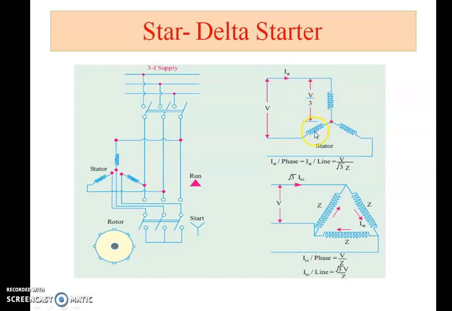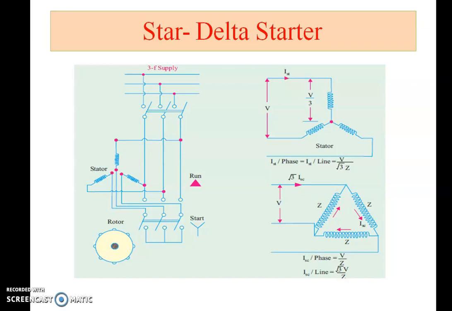Now suppose I want to apply the three-phase AC supply to the stator winding, the star connected winding. If I apply the line voltage here, then due to the star connection the voltage across each winding decreases. The phase voltage becomes VL divided by root 3, that is V upon root 3.